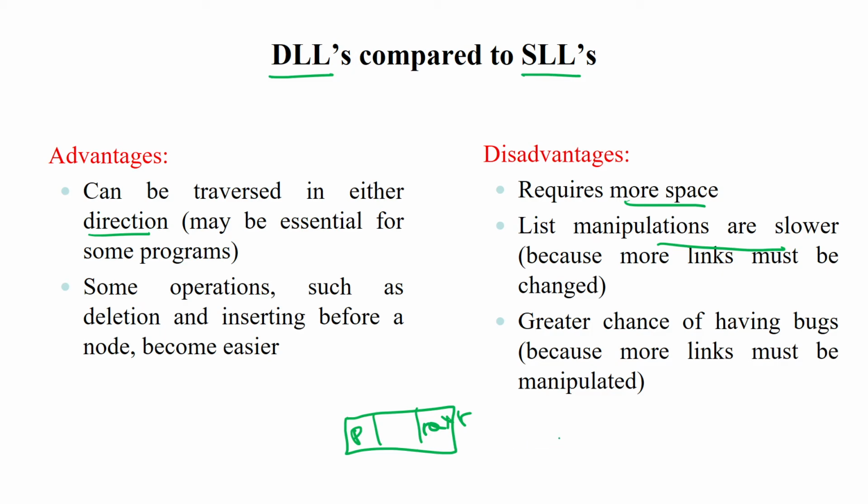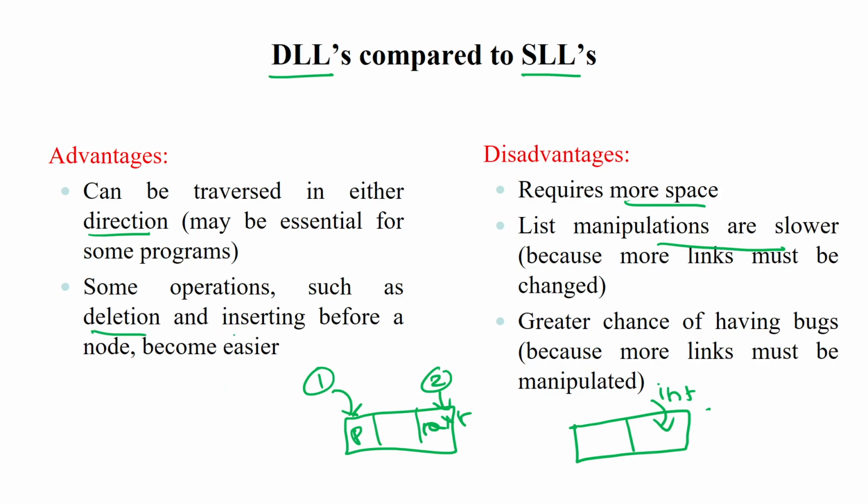The singly linked list has only a single address pointer, which is also an integer, so it needs some memory locations. When you take the doubly linked list, two address fields are there, so it will take more memory locations for address fields. That's why it needs more memory space.